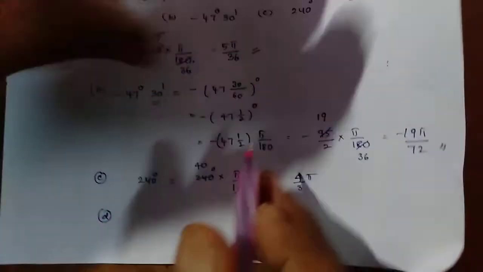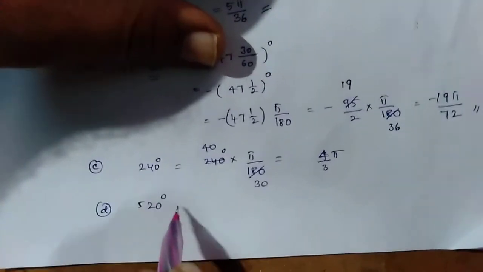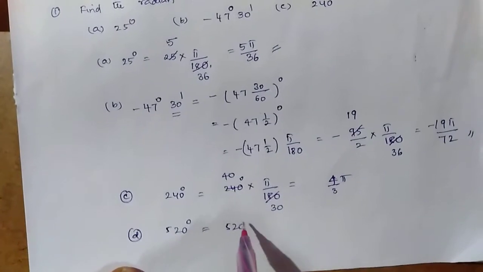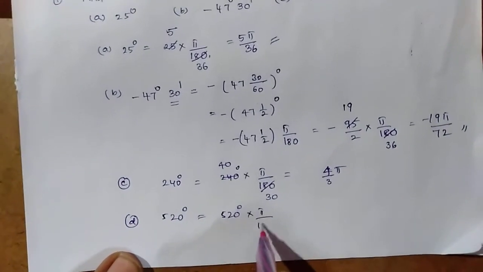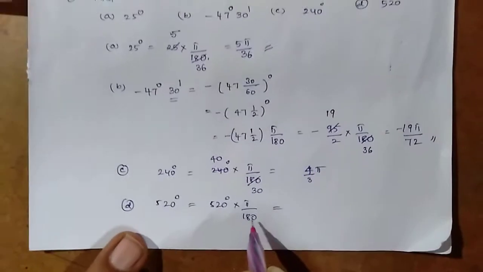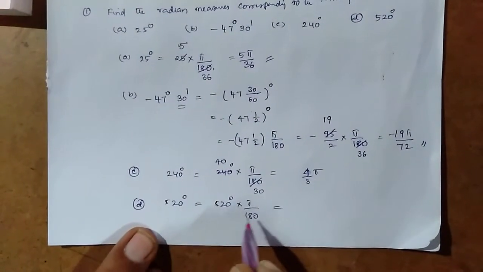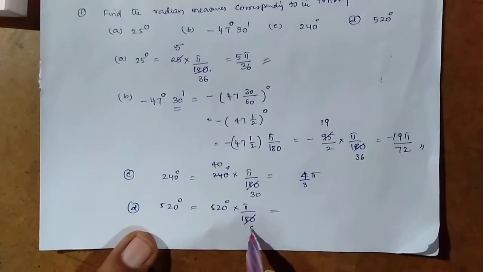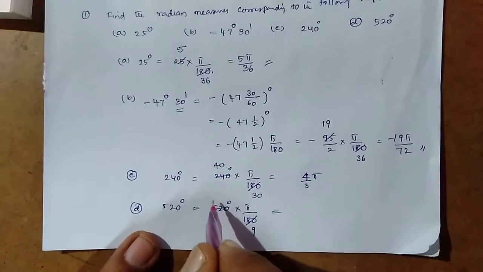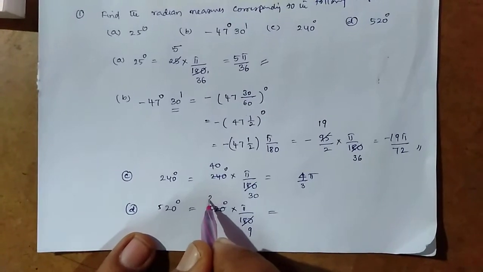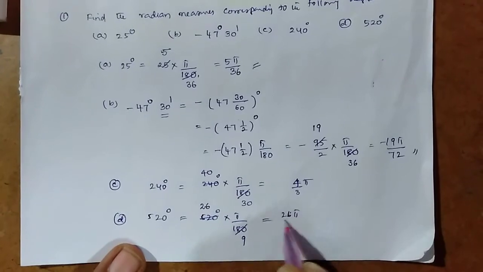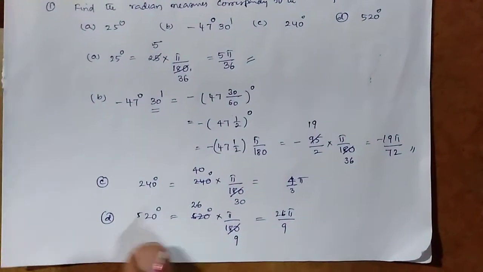Like the last one, similarly 520 degrees can be written as 520 into pi by 180, that is 26 pi by 9. This is the equivalent measure of 520 degrees.